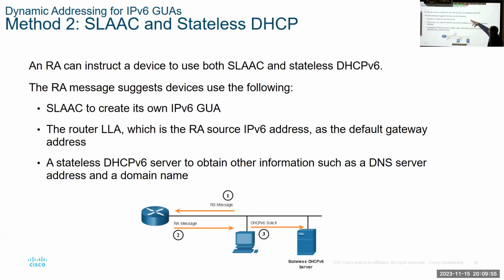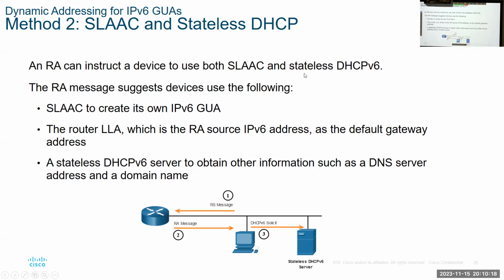So when the client sends out the router solicitation message, it's basically a multicast addressed to all routers. It says, I need to know how to get my IPv6 address.